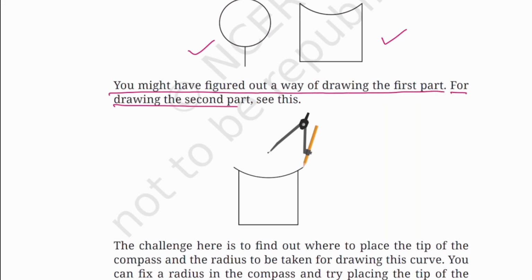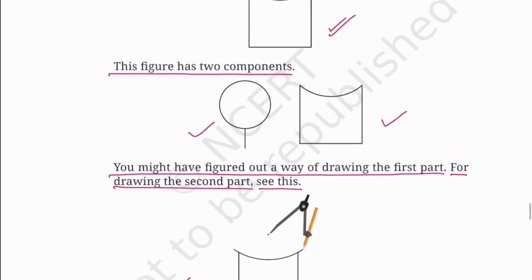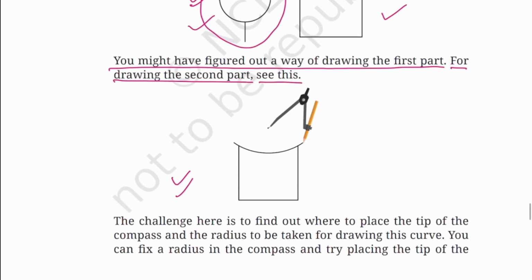For drawing the second part, it is like this. You can draw the first part using a ruler and a compass, and the second part can be drawn like this. But it will be difficult to locate this point. It should have equal distance from these two points.